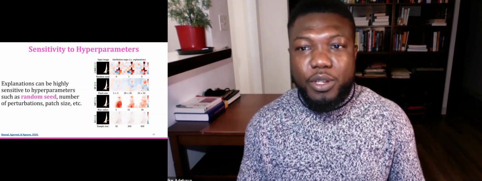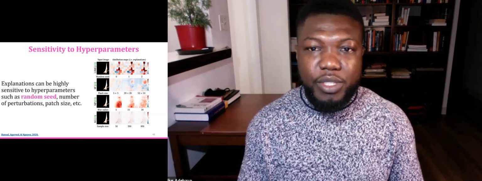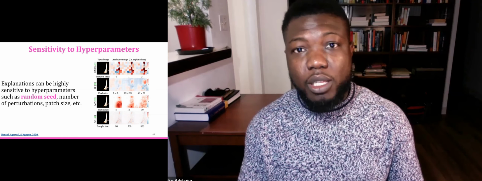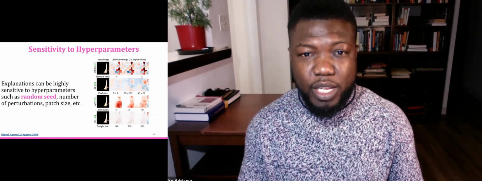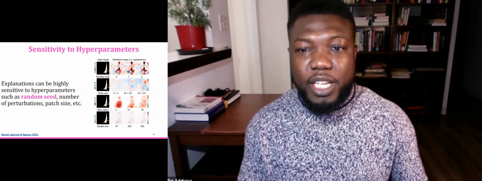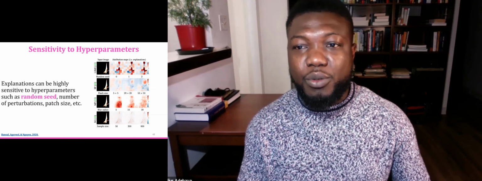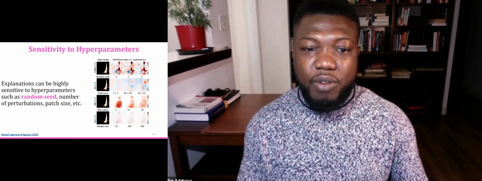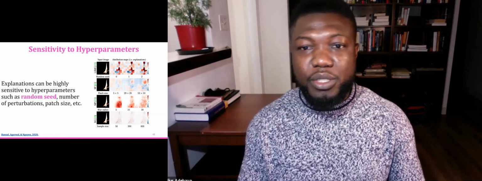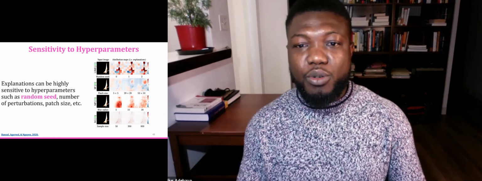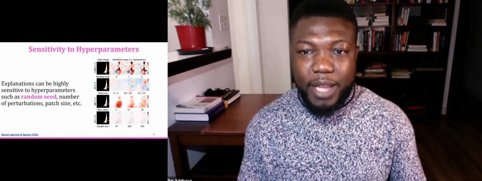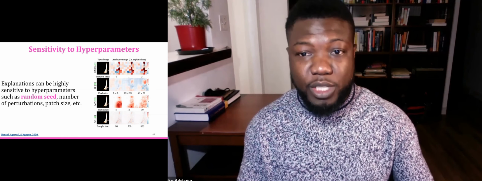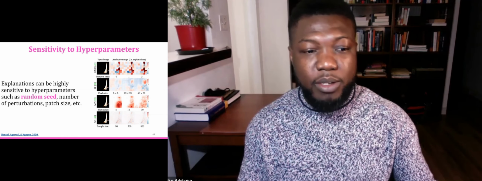Another issue that has been raised recently, from the work of Bansal, Agarwal, and Nguyen et al. from 2020, is that several different explanation functions are sensitive to parameters like the random seed, the number of perturbations, the patch size, things that have no material effect on the function that you're trying to explain. The model doesn't depend on the random seed.